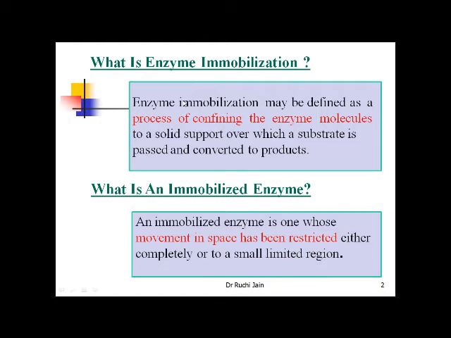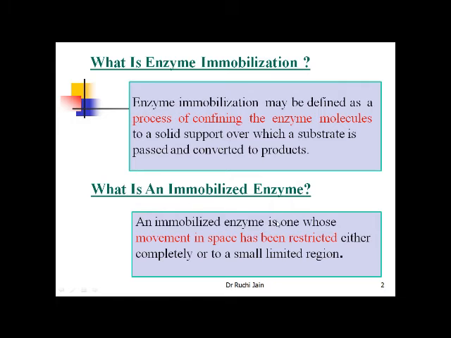So enzyme immobilization may be defined as a process of confining the enzyme molecules. Confining means we are restricting the enzyme molecules to a solid support over which a substrate is passed and converted to a product. So what is an immobilized enzyme?